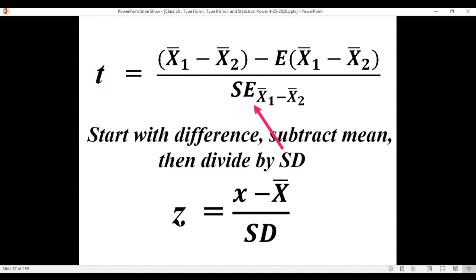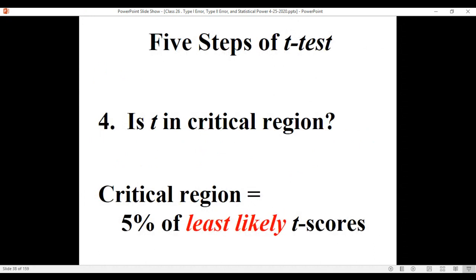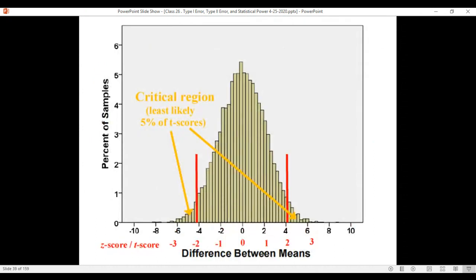So once we have t, we're ready to go on to step 4. We ask, is t in the critical region? Critical region is the 5% of least likely t-scores. This histogram shows the same thing, that the critical region consists of the 5% of least likely t-scores.